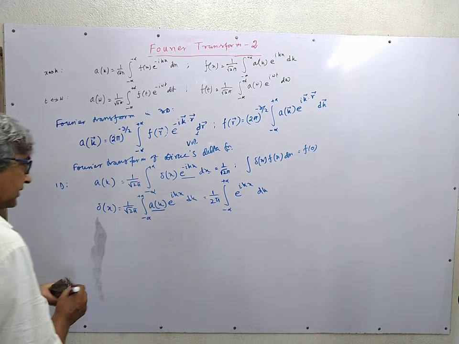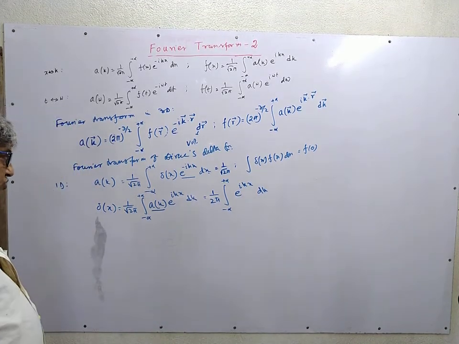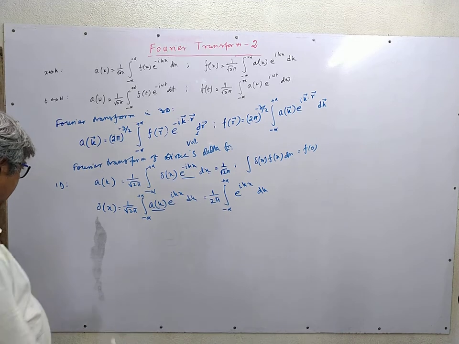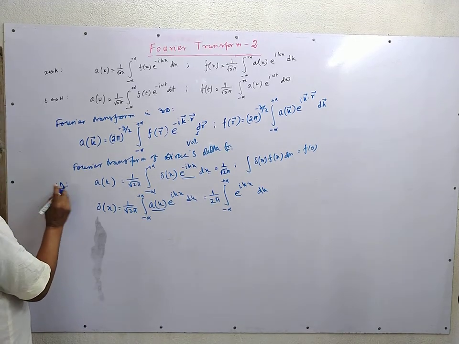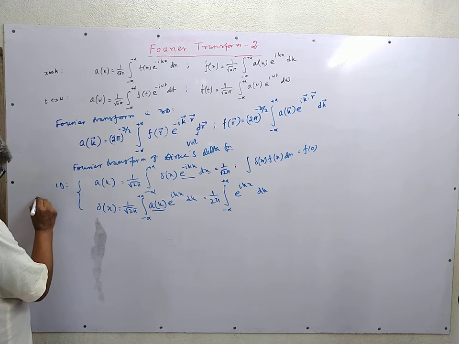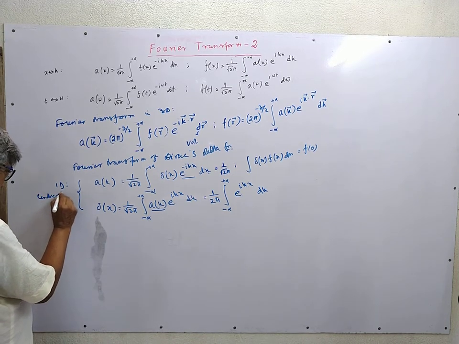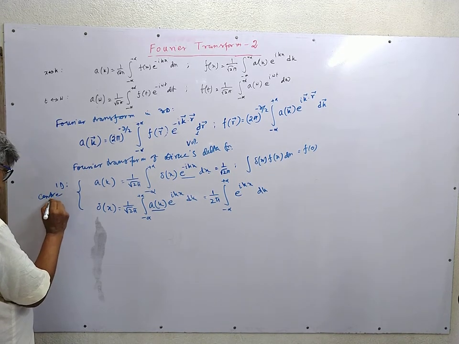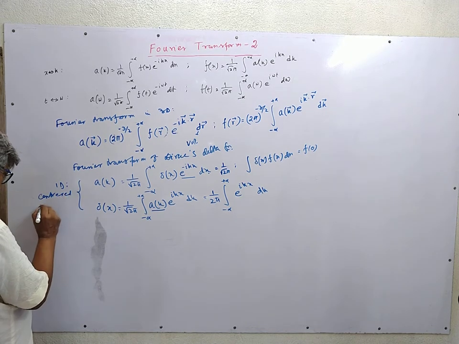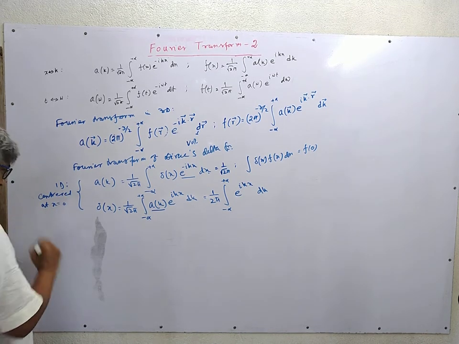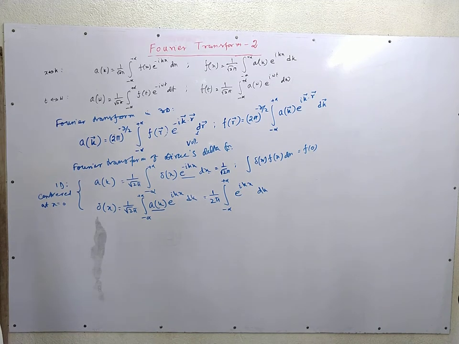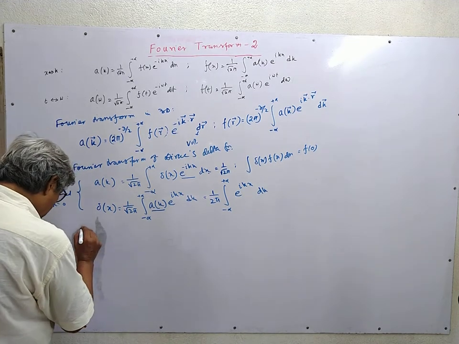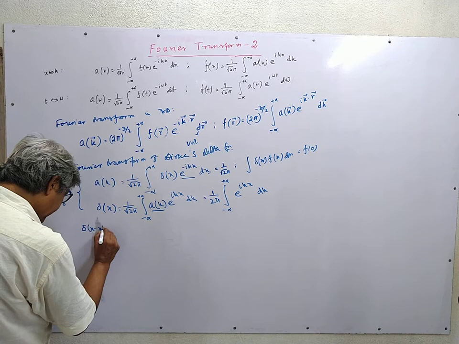Here we have considered the delta function to have its center at the origin, at x equal to 0. If the delta function had its origin at some other point, say at x equal to x prime, we write delta of x minus x prime.